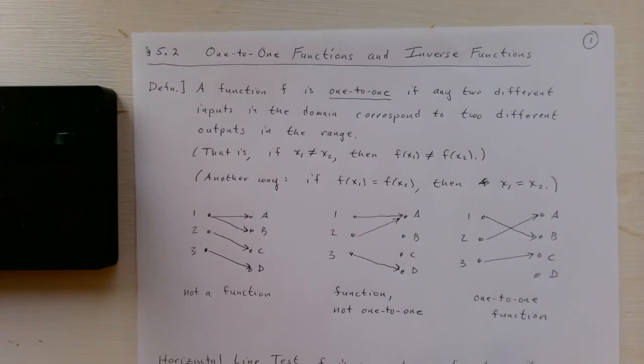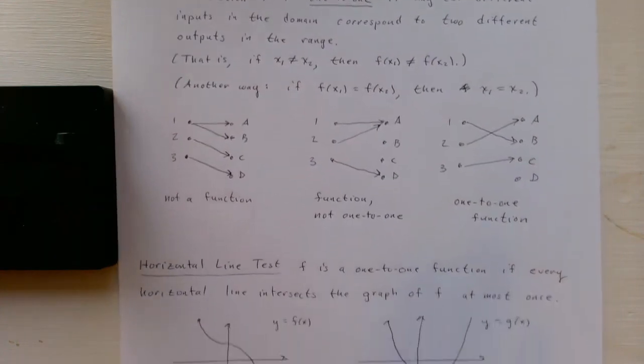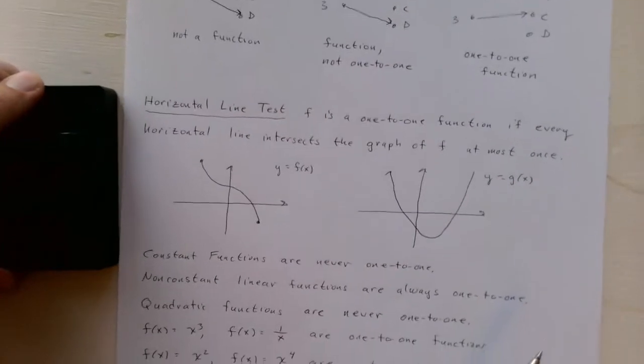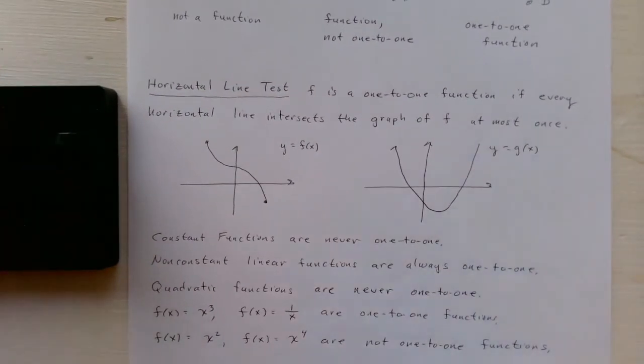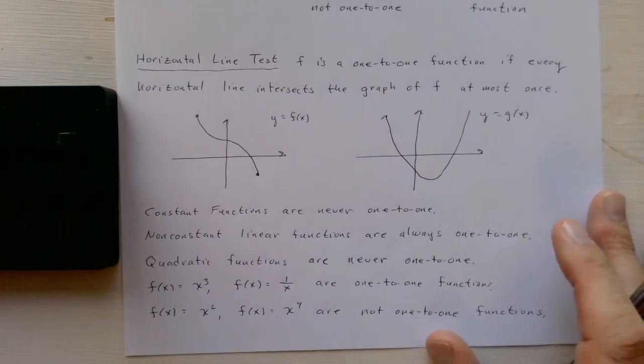Now, when your function can be graphed, that is, if the domain and range, or the inputs and outputs, are real numbers, then there's a nice way to check it.